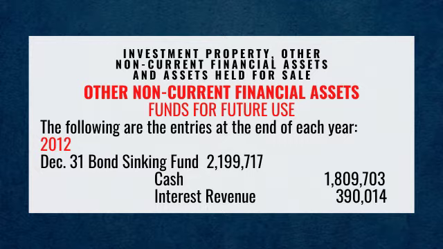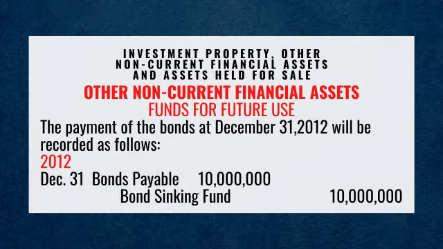Credit cash for 1,809,703 pesos. And credit interest revenue for 390,014 pesos. The payment of the bonds at December 31st, 2012 will be recorded as follows.